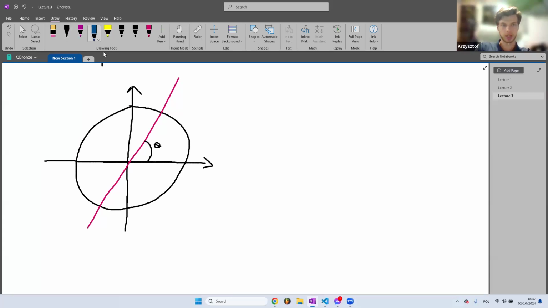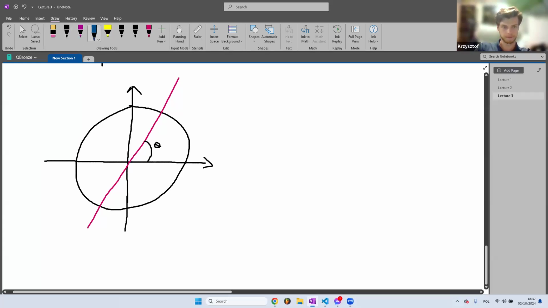If you have a reflection about this line, then the qubit 0 will be transformed to a state with also the angle theta here.